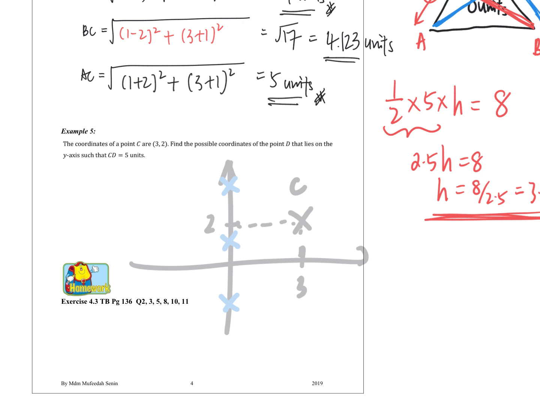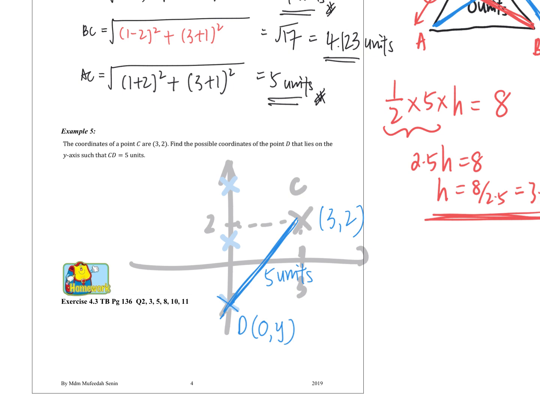But as long as it gives me length 5 units. Let's say D is here. I don't know what the y coordinate is, but I know x is definitely 0 because it's on the y-axis. This is 3, 2. And they tell me the length must be 5.